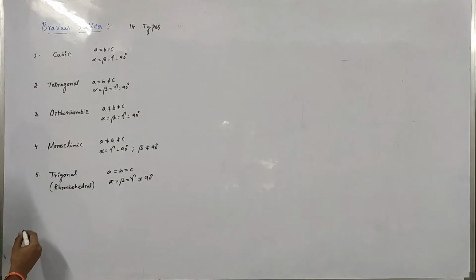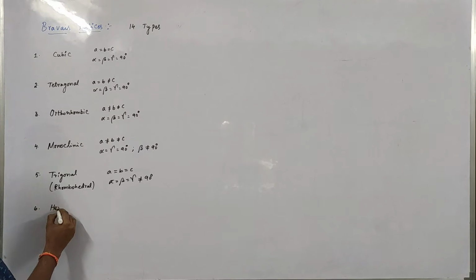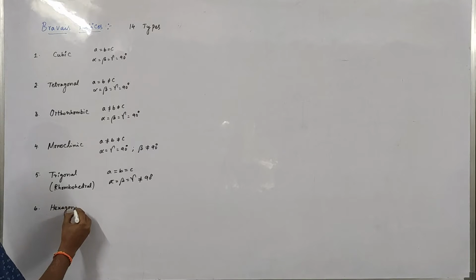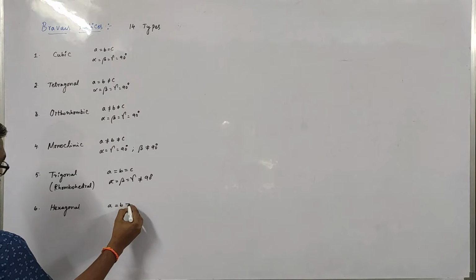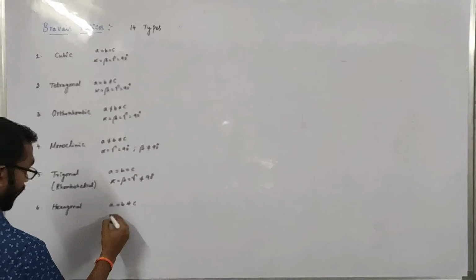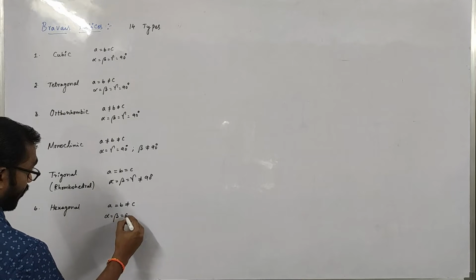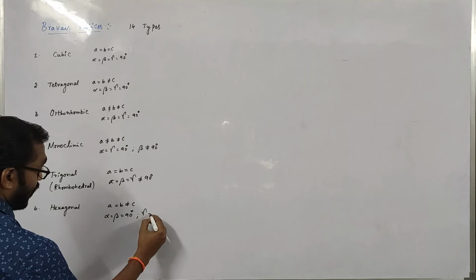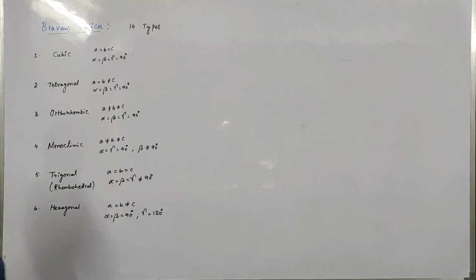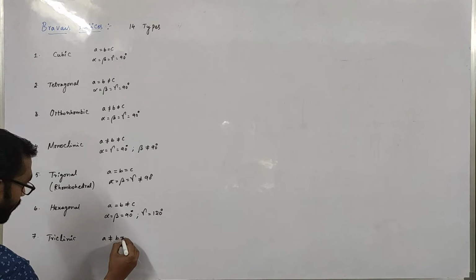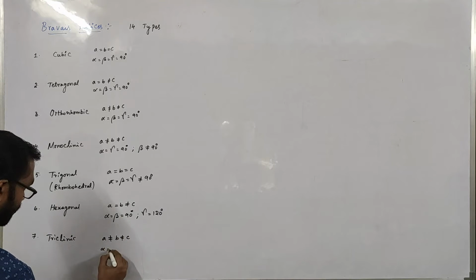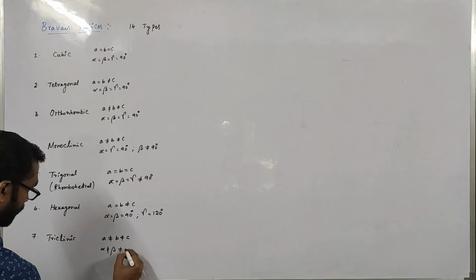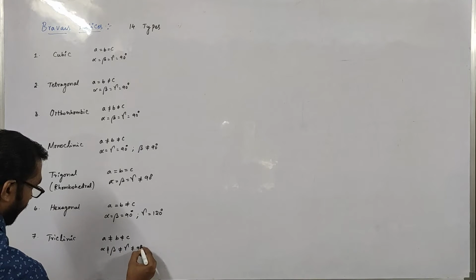Next, hexagonal: A equals B not equal to C, alpha equals beta equals 90, gamma equals 120 degrees. Next, triclinic: A not equal to B not equal to C, alpha not equal to beta not equal to gamma not equal to 90 degrees.